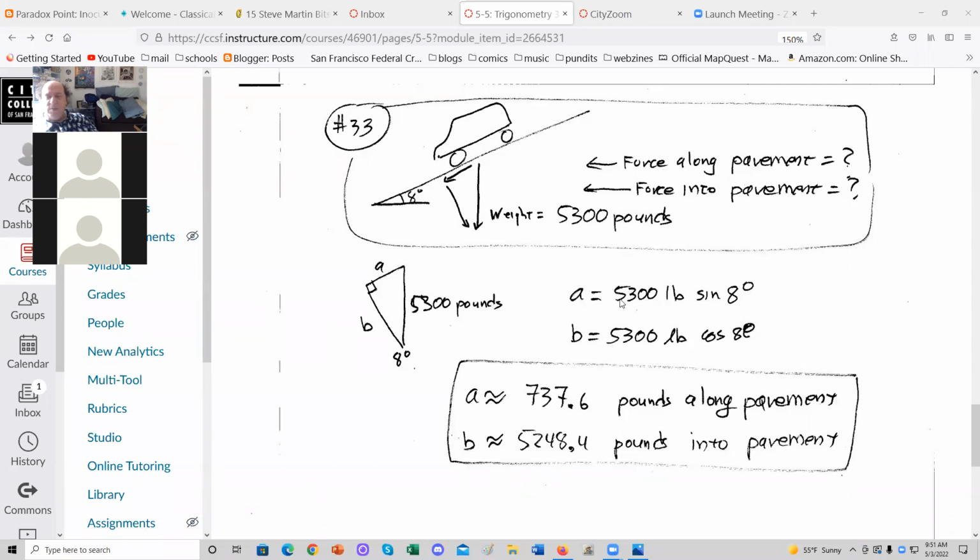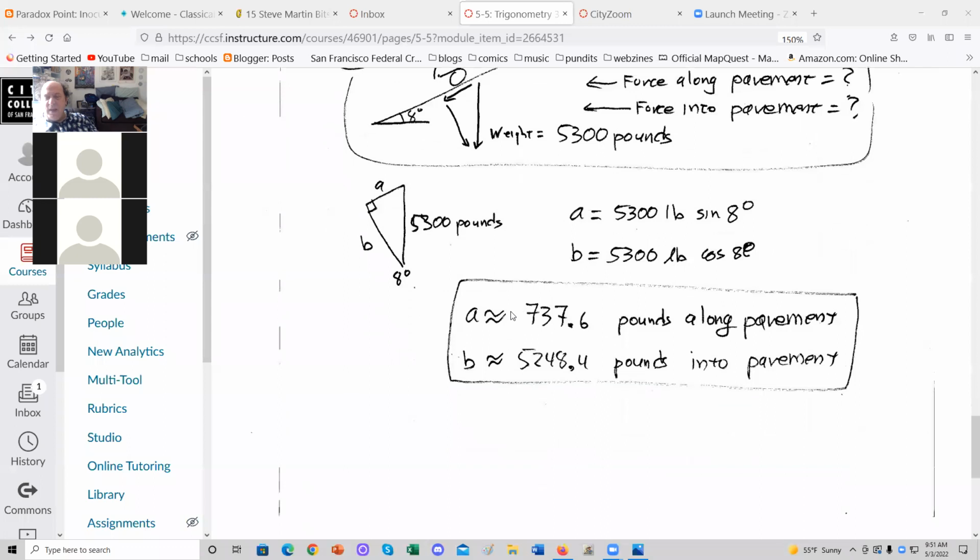So A is 5,300 sine 8 degrees pounds, B is 5,300 cosine 8 degrees pounds. And then with a bit of calculation, that's about 737.6 pounds along the pavement. So you have to set your brakes fairly strongly. And 5248.4 pounds into the pavement. So its tires should be well inflated.